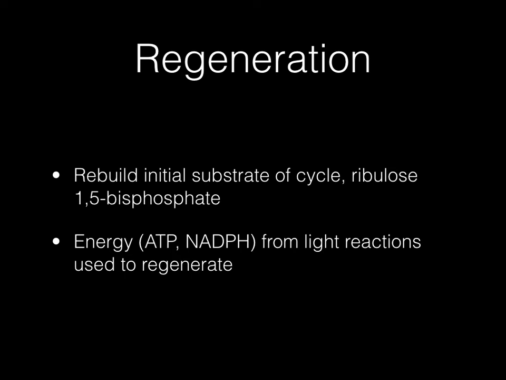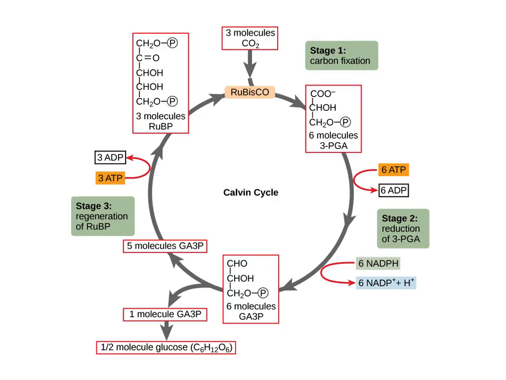And so altogether, if we go back to our cycle slide, what we see is that to produce 1 molecule of glyceraldehyde 3-phosphate, a 3-carbon molecule, we really have to turn the Calvin cycle 3 different times.